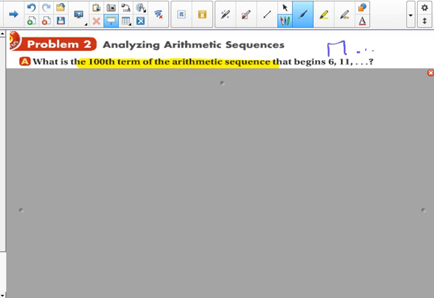Well, let's just do the math, subtract them. 11 minus 6 is what? 5. So you think to go to the next term in this sequence, we're going to take 11 and add 5. And then to go to the next term after that, we should add 5 more. Right?